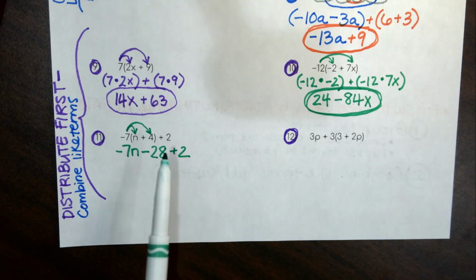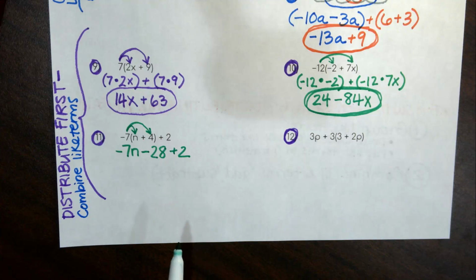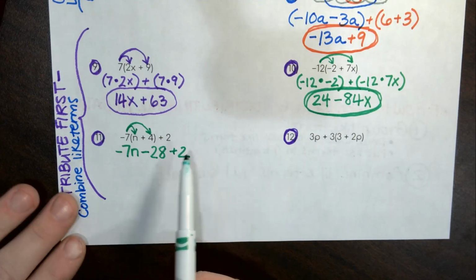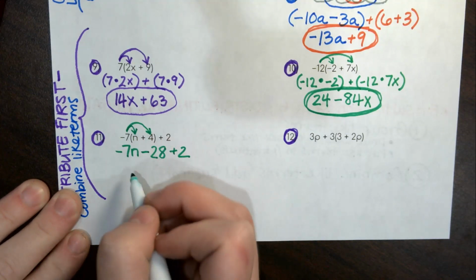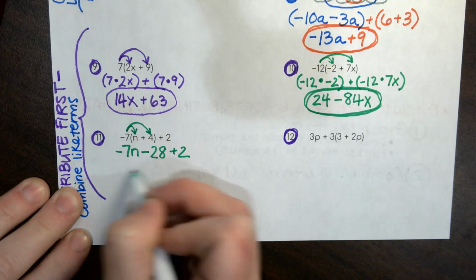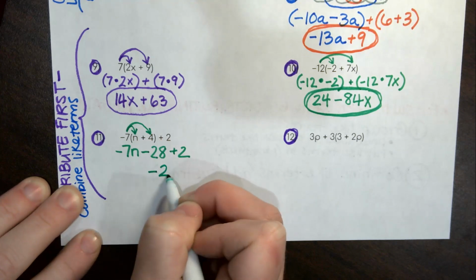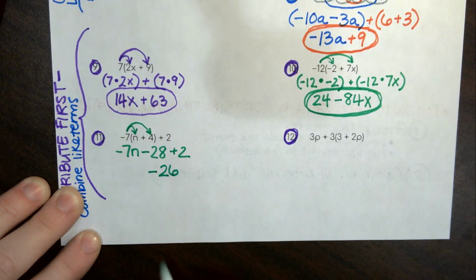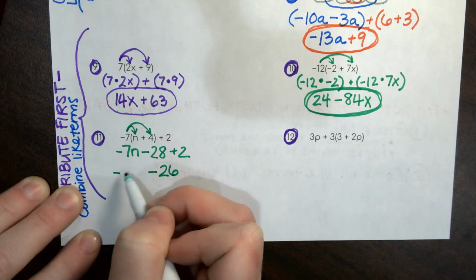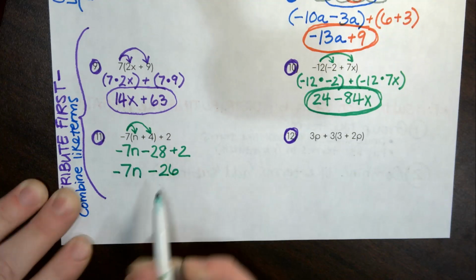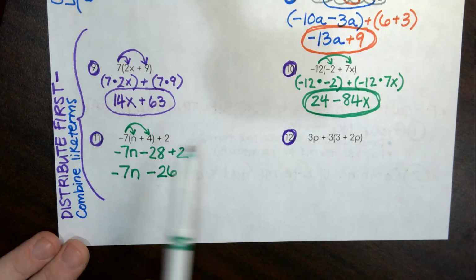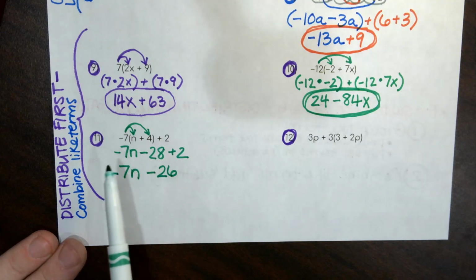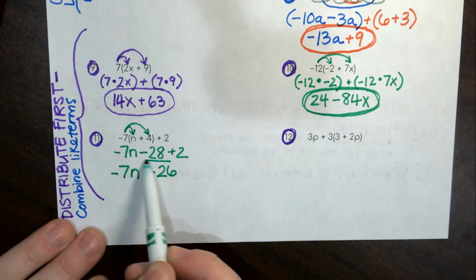So what is -28 plus 2? -26. Good. So we are going to write that down here, -26. And then we got to bring down that -7n minus 26 there. Yep, we can circle it. We cannot combine any further.